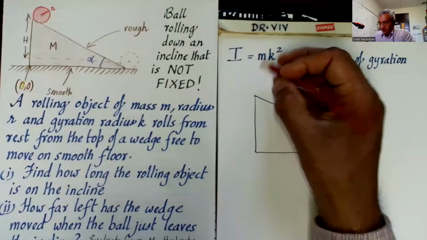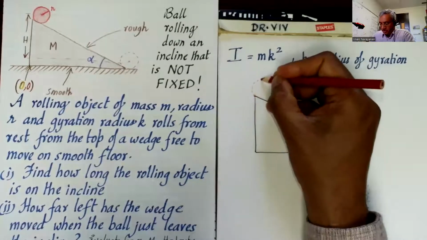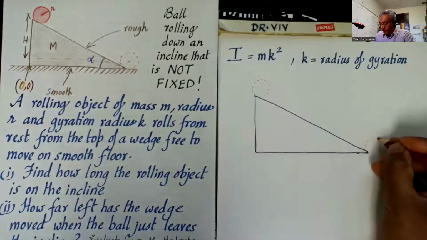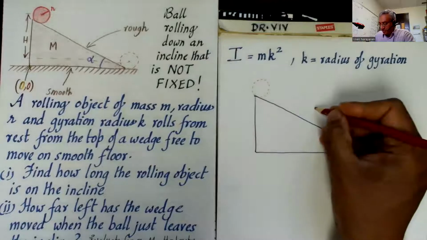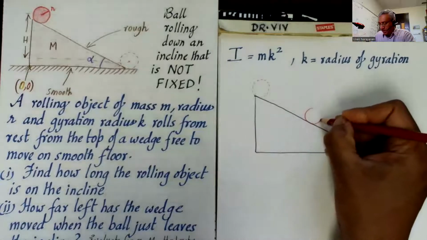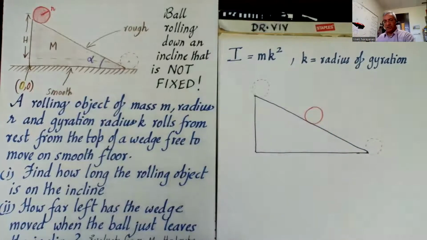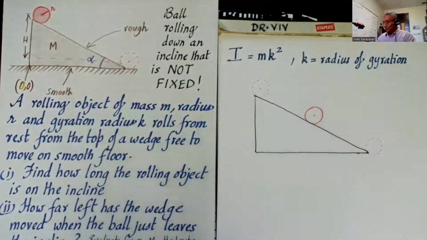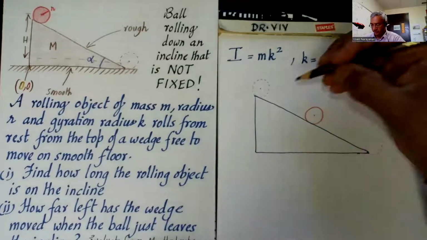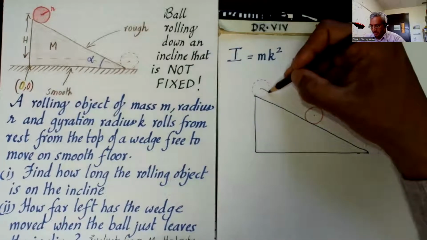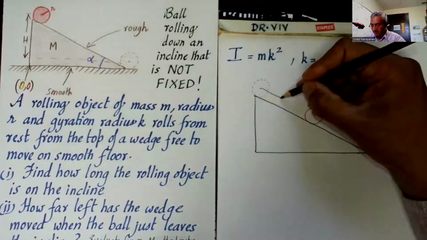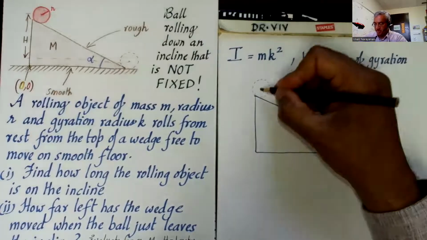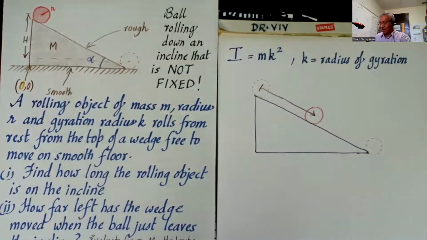The ball will be starting on the top like that and ending over here. At some intermediate point, the ball would be over there. I'll draw that with a solid line. Now this coordinate, which goes from the center of mass of the ball and keeps track of the center of mass at any time, I will call the coordinate x.